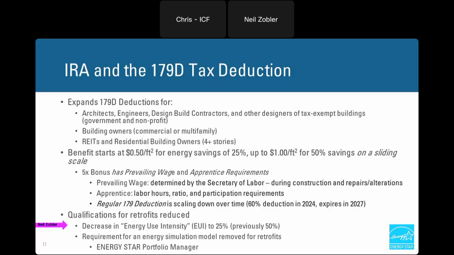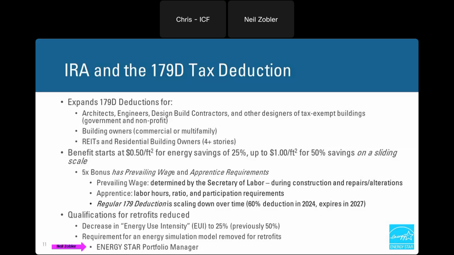However, when you're doing a retrofit, you used to have to model it out. Well, that's no longer the case. And the good news is that the Energy Star Portfolio Manager can now be used for a project where you track your energy efficiency improvements over time, one year against the next. And if you're able to demonstrate through the Portfolio Manager savings of 25 to 50%, you're able to capture the 179D deduction. That's a very big change and a big help.